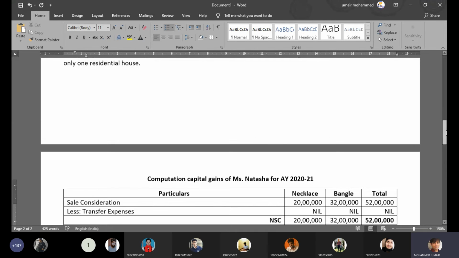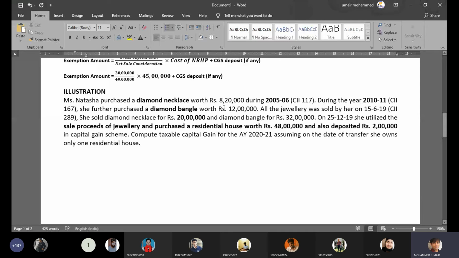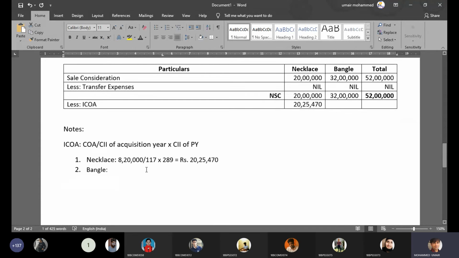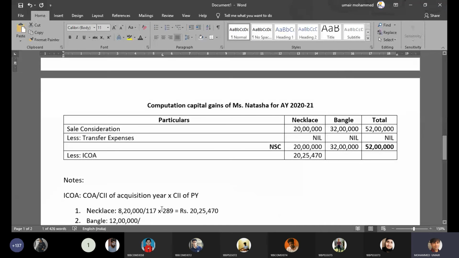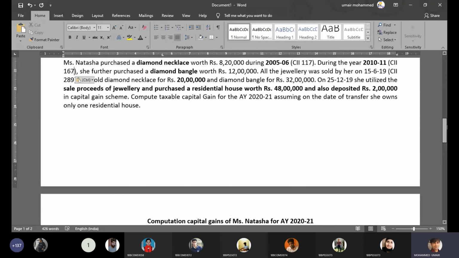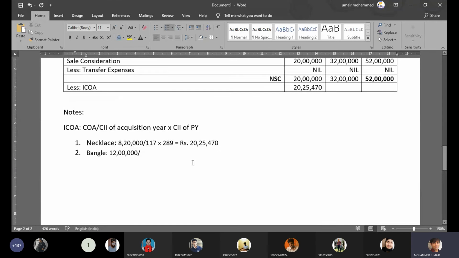The bangle is obtained for 12 lakhs, and the CII of the year of purchase or acquisition given here is 167, into the previous year's CII, which is 289. So this will give you 20,76,000.